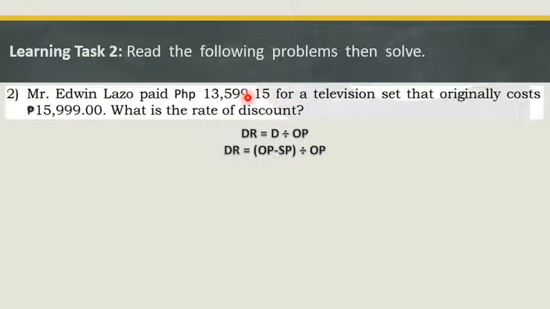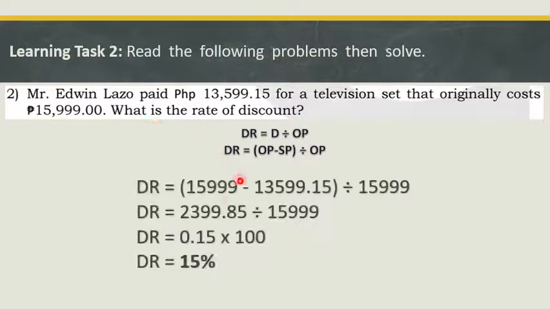Paano ba kinukuha yung discount? So, minus lang natin yung original price, which is yung 15,999, doon sa sale price. So, ito yung sale price niya, di ba? 13,599.15. Kasi walang discount dito sa given. Then, divided by yung original price ulit.